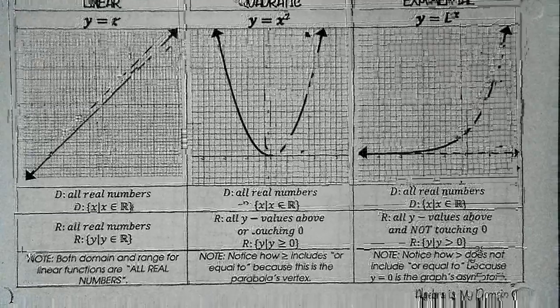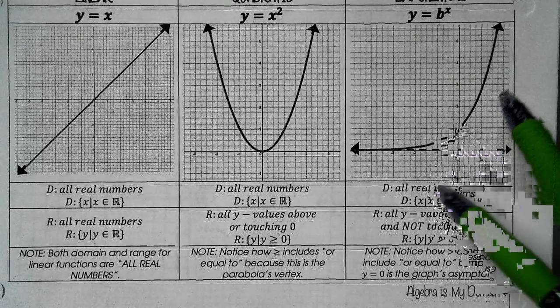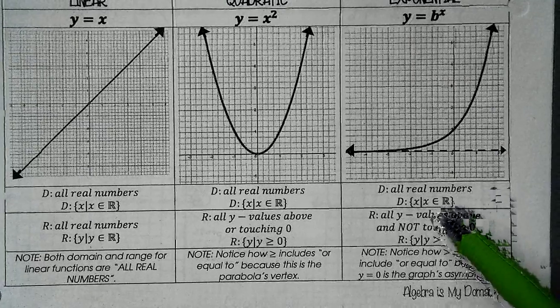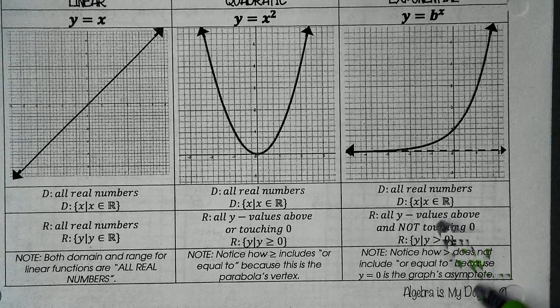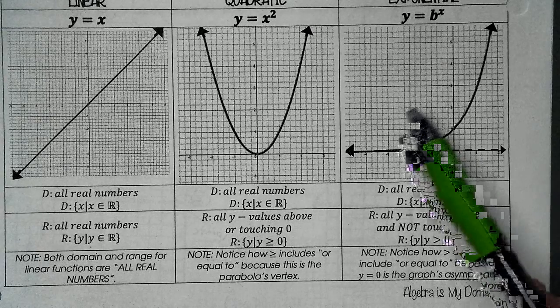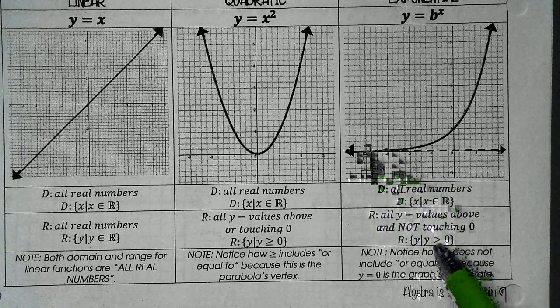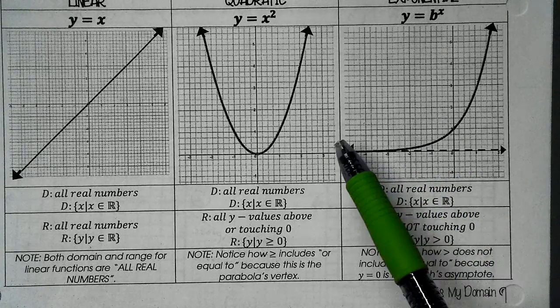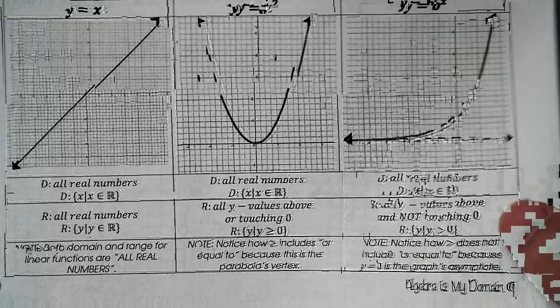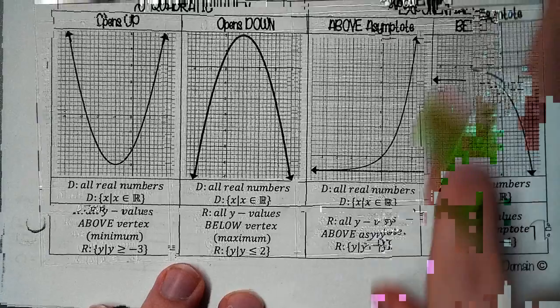Now, for an exponential, your domain is always all real numbers. For your y's, you compare them to your asymptote. On this graph, the asymptote's at 0. It never hits 0, so the y's are greater than 0 because they're above. And quadratics can open up or down.